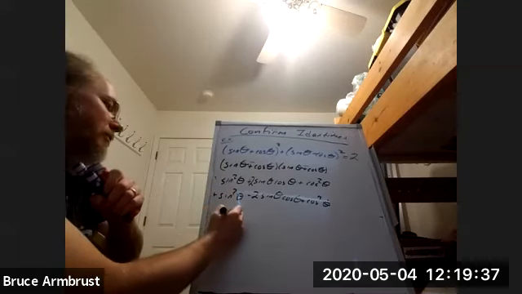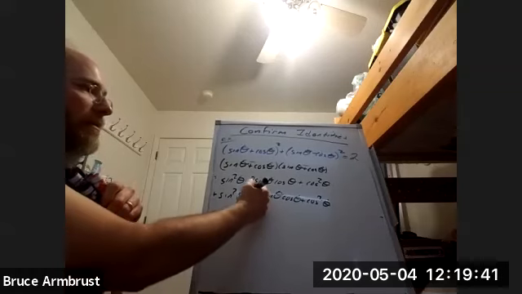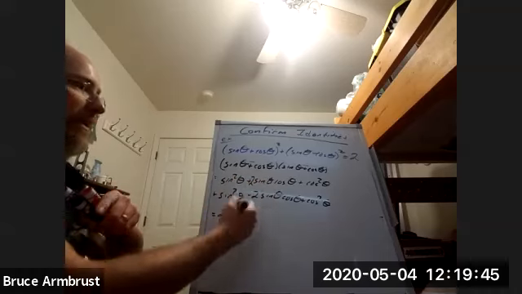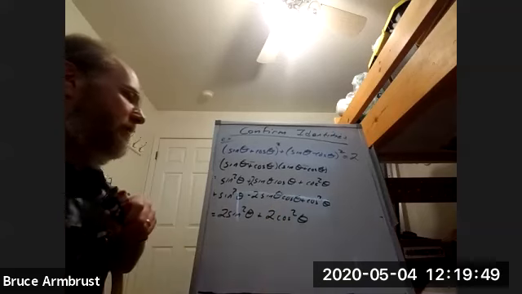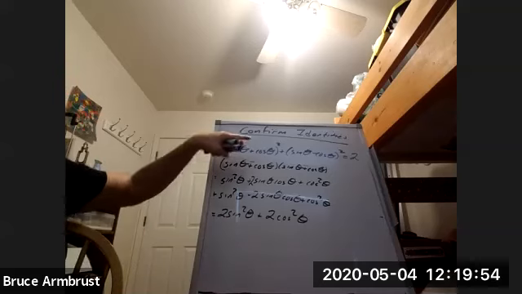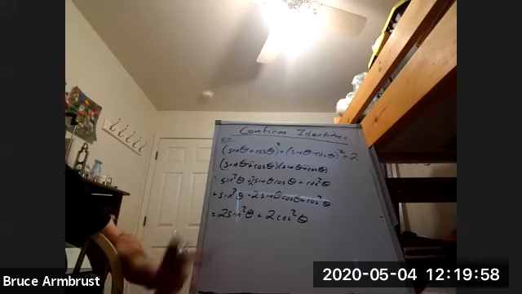This now gives me 2 sine squared theta. These sine cosine pieces cancel because I got plus 2 and minus 2 of them. And then I have plus 2 cosine squared theta. So by distributing, getting rid of the parentheses and the exponents, we get to here.